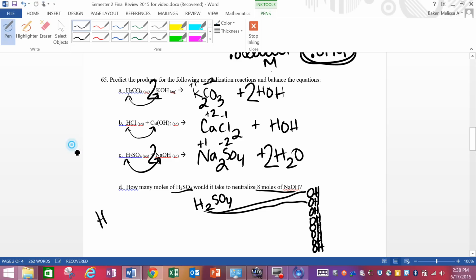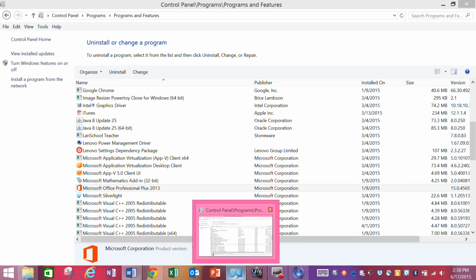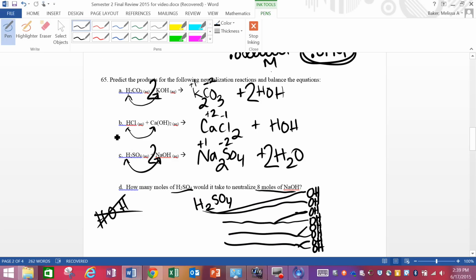Because remember, to neutralize, H and OH cancel each other out and just makes water. So how many H2SO4s do you need to satisfy these? So there's a second one, there's a third one, there's a fourth one. So the answer is you only need 4 moles to neutralize.